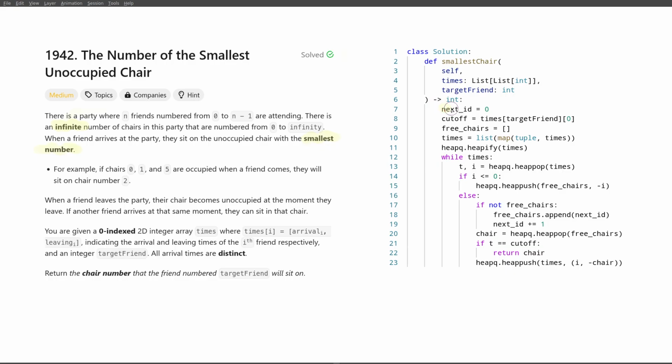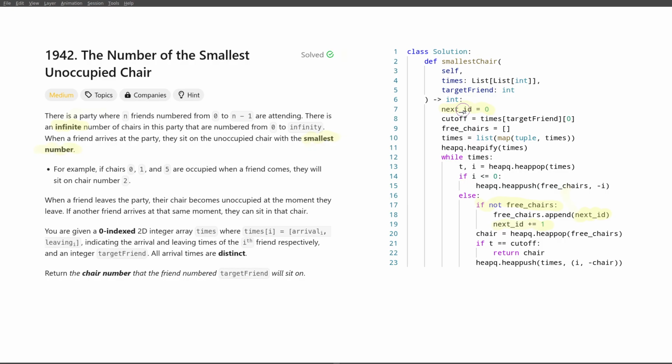So we start with that at 0, and whenever we want to get a chair but our free chairs are empty, we just insert this ID and increment it by 1. So all the infinite chairs are just here in this next ID variable. So we know that we're going to want a priority queue.